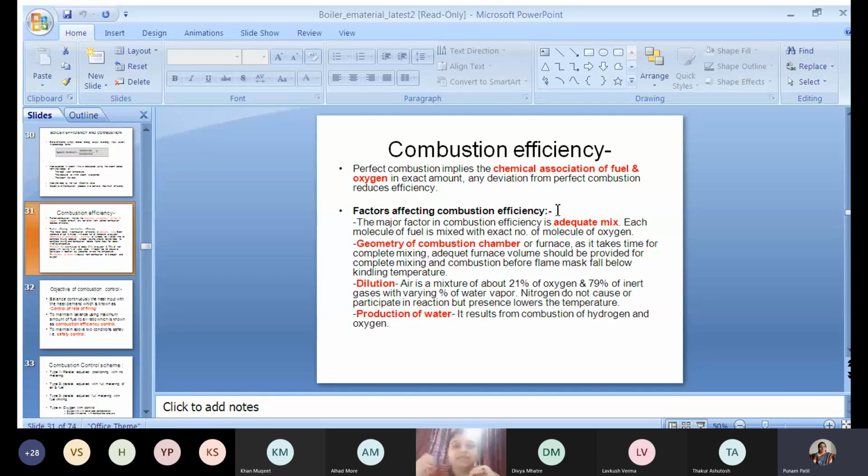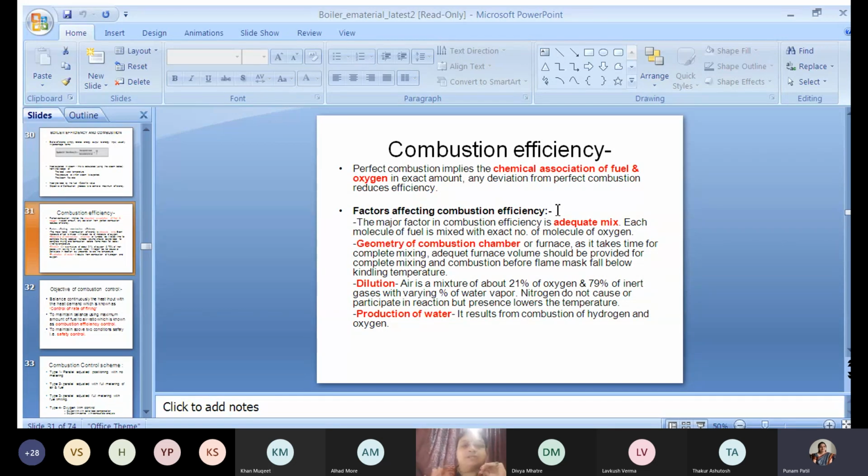अगर proper mixing ही नहीं हुआ है, for example, if solid fuel is taken but only the surface is in contact with the oxygen and only the surface coal particles are taking part in the combustion process, but bottom में जो coal का layers है वहाँ पे oxygen ना होने की वजह से they are not taking part into combustion, right?